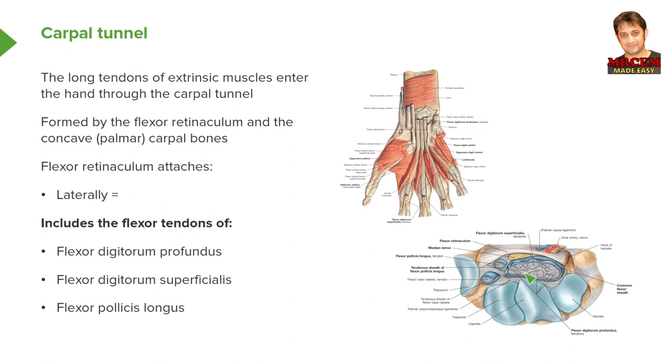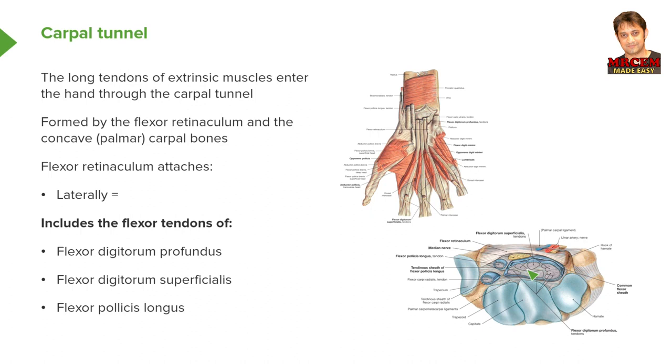We have the more superficial tendons of flexor digitorum superficialis, and then deeper between those tendons and the row of carpal bones here, we can see flexor digitorum profundus. We can also see flexor carpi radialis tendon here, and flexor pollicis longus tendon here. So we can see these tendons passing through the carpal tunnel.